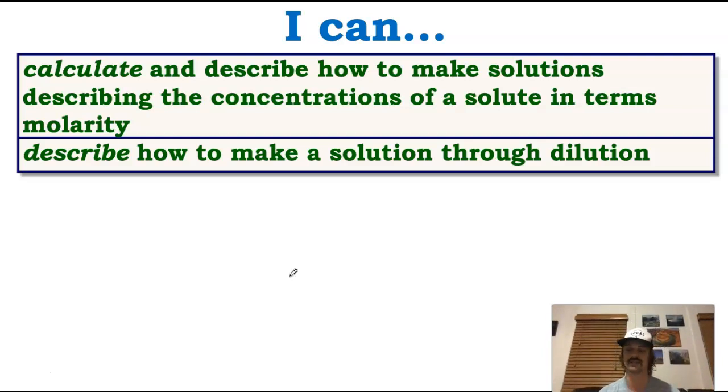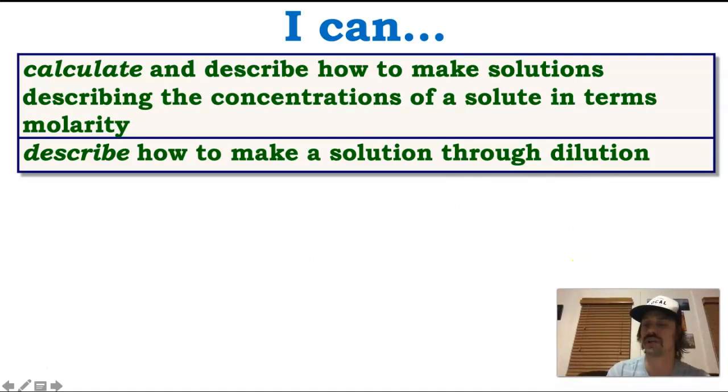Sometimes I dissolve a certain amount of solid in water to make a certain molar solution. Or if I have a really strong, let's say, acid, and I want to make a weaker acid, I need to dilute it down. So those are the 2 ways we typically make solutions, dissolving a solid or diluting a strong solution.